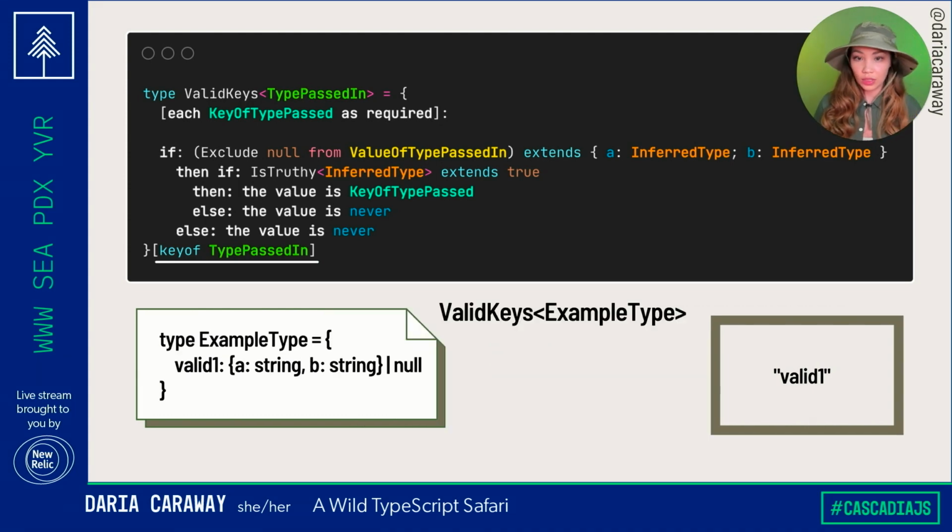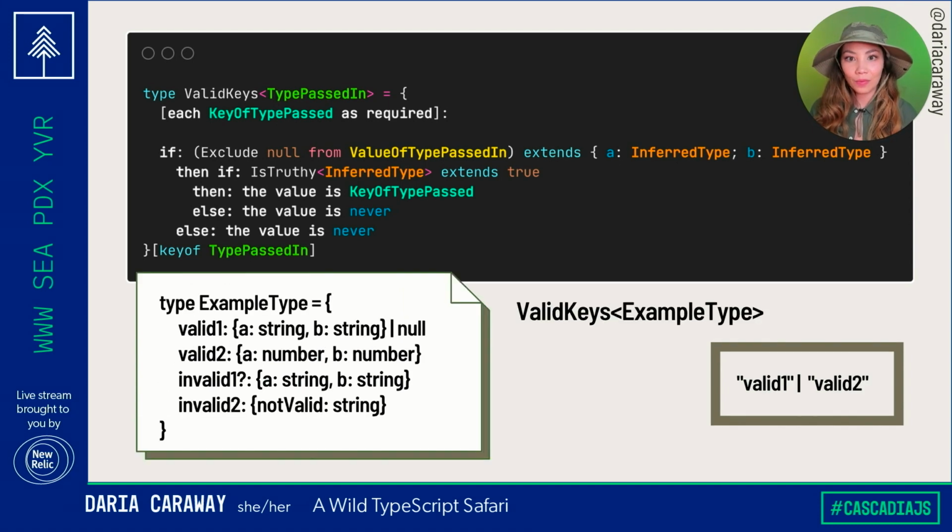Altogether, given our example type, we pass in valid1, A string, B string, or null, and we get back the string valid1 because valid1 is a valid key in this object. It successfully extends the object matcher. We can infer a type. That inferred type is truthy, so valid1 is a valid key.